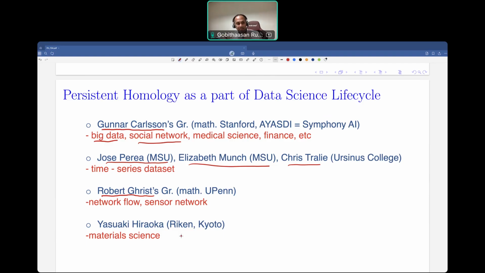This is a little bit outdated. There are many more domains using persistent homology and the Mapper algorithm to create models or to investigate further so that they can make well-informed decisions.